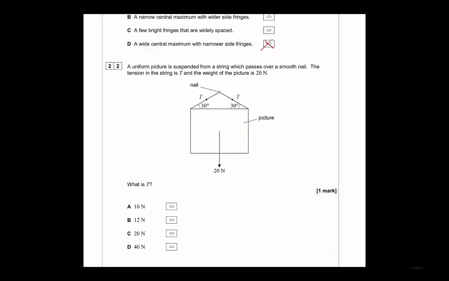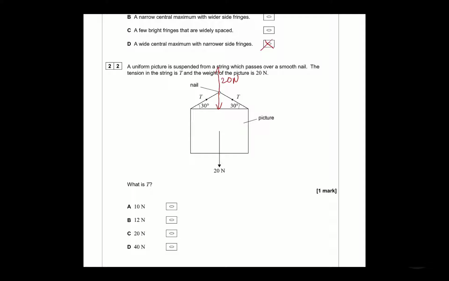Okay, well, there's a reaction force of 20 newtons up there that each of those are doing. We've got that there, that's 20, but it's split between the two of them, so that's actually 10.